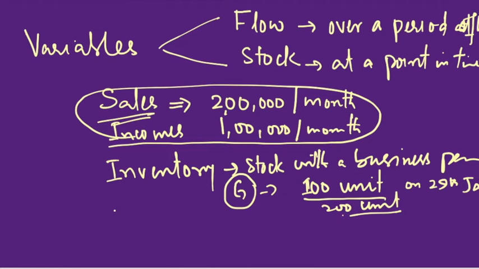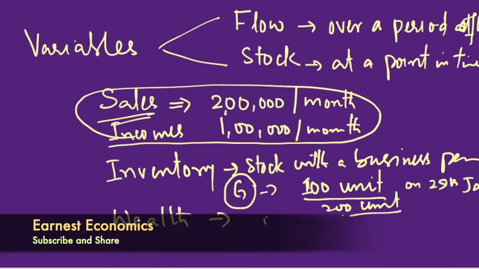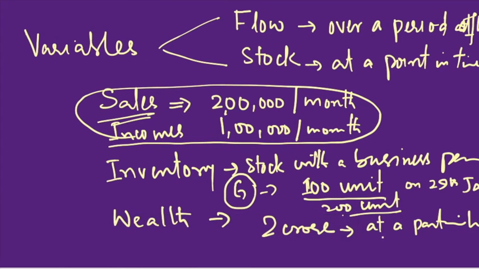Similarly, if you ask somebody what is your wealth status, how much wealth do you have, he may tell you that I have got 2 crore rupees, or 2 million dollars, whatever. What he is telling you is that at that particular point, at the time you are asking him the question, he has that much.